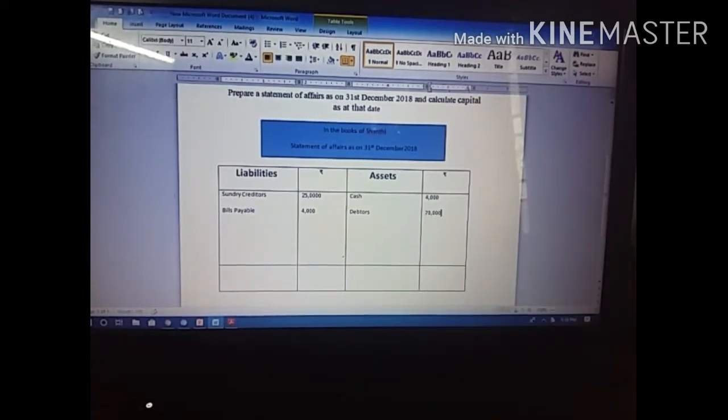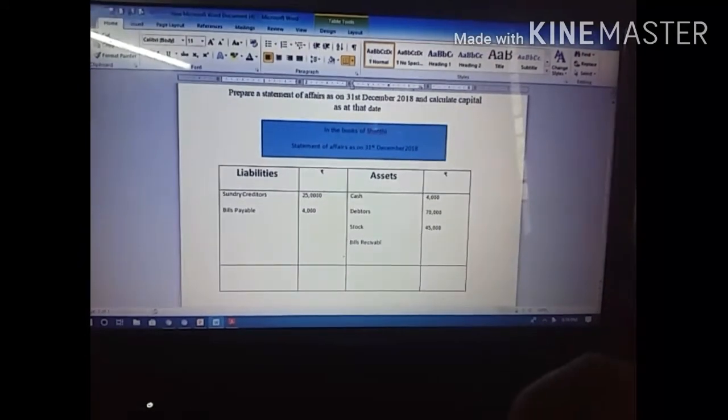Then stock. They are given stock 45,000. Then we have bills receivable. The amount of bills receivable is 6,000.